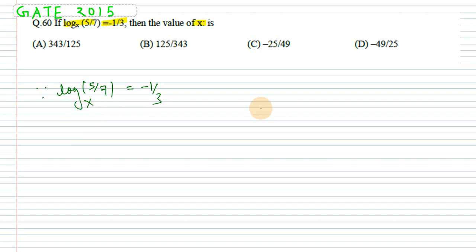We know that if we use the property of log, that is, log a base b, we can write this also in the reciprocal form, that is, we interchange a with b and b with a, then that will be equal to log b base a.